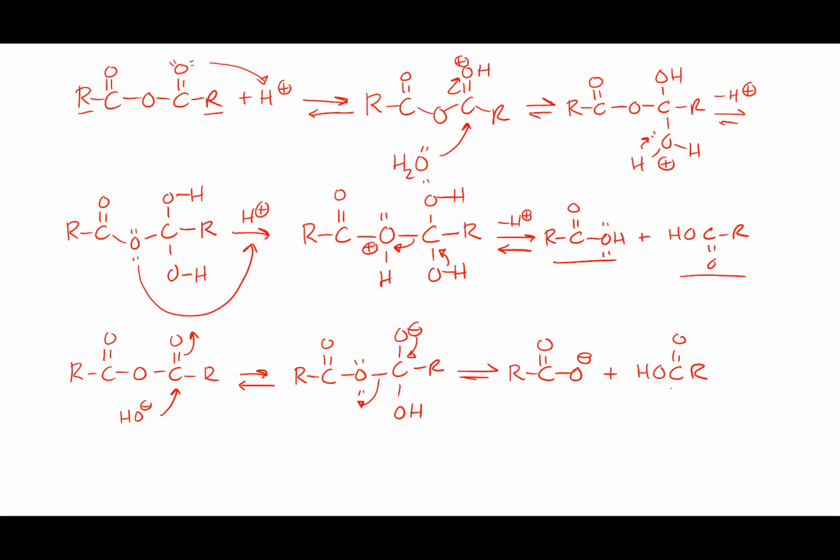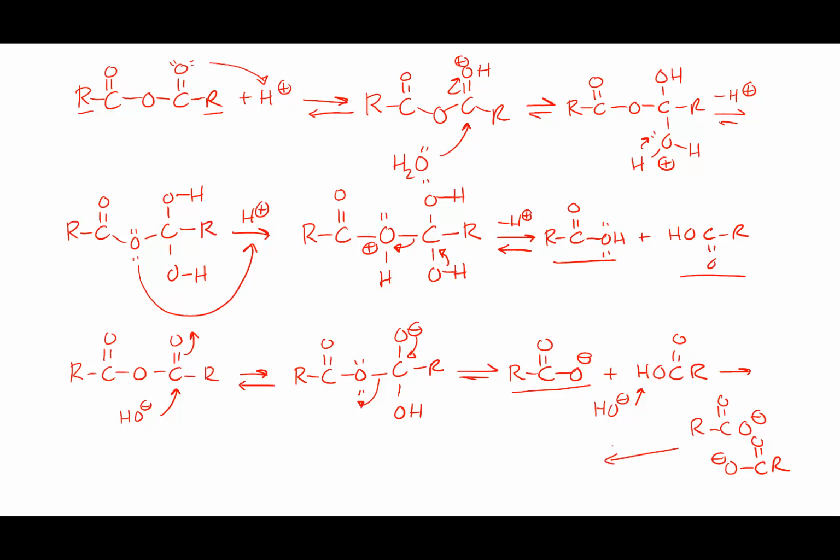So under basic conditions, you would form the carboxylate. Most likely then the excess hydroxide would come in and deprotonate that carboxylic acid, so that you would end up with 2 equivalents of carboxylate in that hydrolysis reaction.